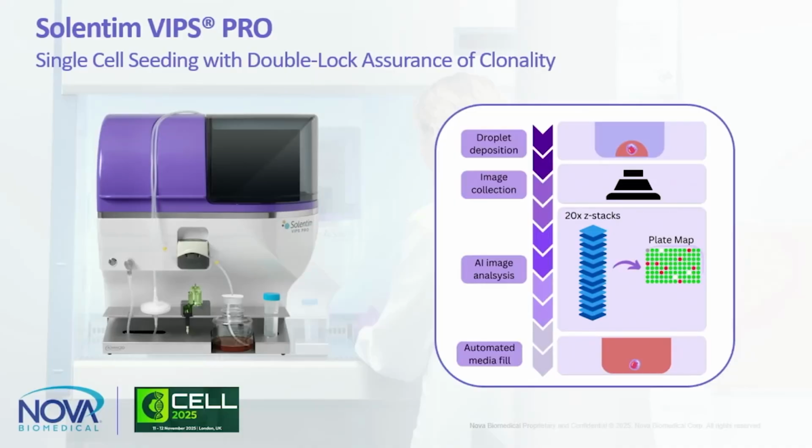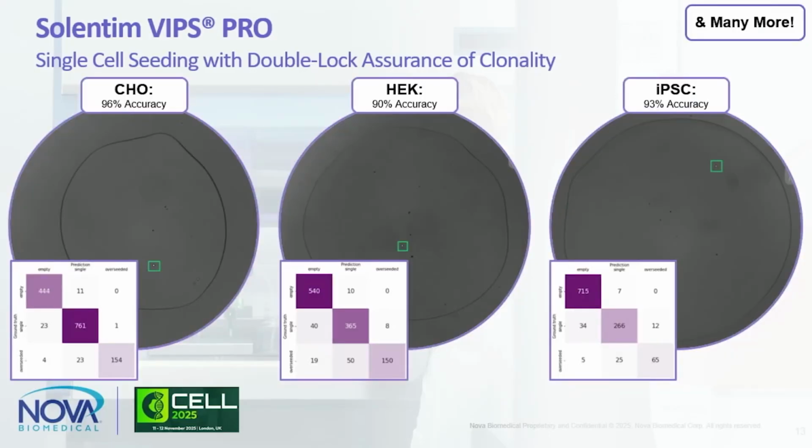So the AI is a new feature that is not available on the legacy instruments, and this is to help streamline the process of cell detection for the end user. So the VIPS Pro AI neural network has been validated with different cell types. So here I'm showing CHO, HEK, and iPSCs.